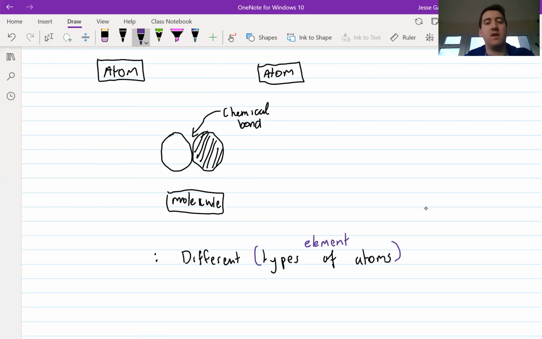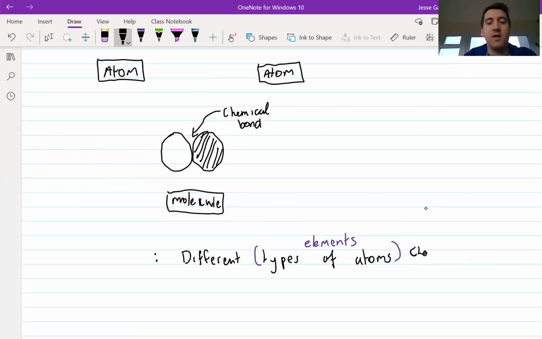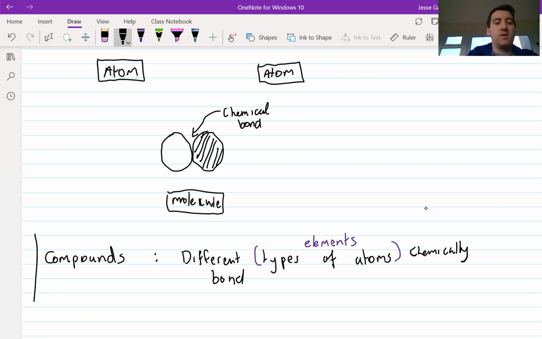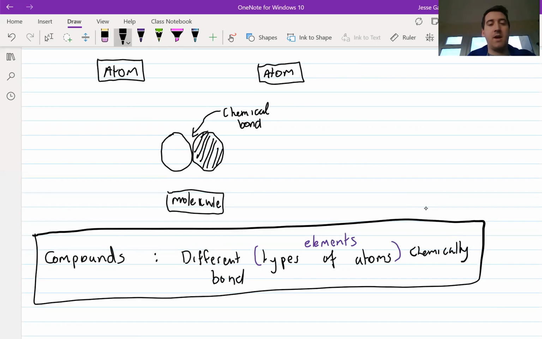Different types of atoms or different elements, and they are chemically joined together. We know they're chemically joined together because they are touching. So they are chemically bonded. We call these types of substances compounds. So they are called compounds. So this here, different types of elements or different types of atoms chemically combined or chemically bonded are called compounds.